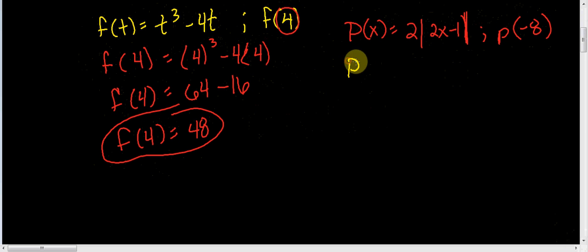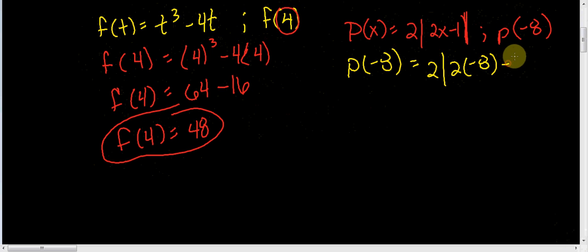Alright, so do the same thing we did last time. Fill in a negative 8 where I see the x. Put in parentheses around the negative 8. Anytime I sub a number in, I really should use parentheses. Get in the habit of doing that. And we're going to simplify here. So I'm going to work inside the absolute value symbols.